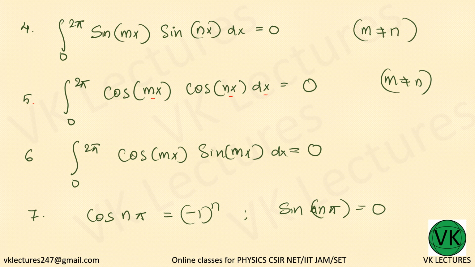This one, integral 0 to 2 pi cos mx into sin mx dx is equal to 0. Now the seventh one, cos n pi is minus 1 whole to the power n, and sin n pi is 0.